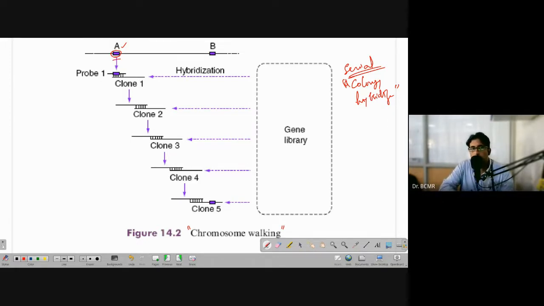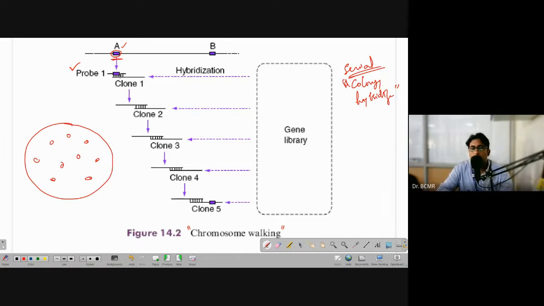Because I know the sequence, I can synthesize a probe and call it probe 1. Then I will plate these colonies, and each of them has a fragment from the genome.